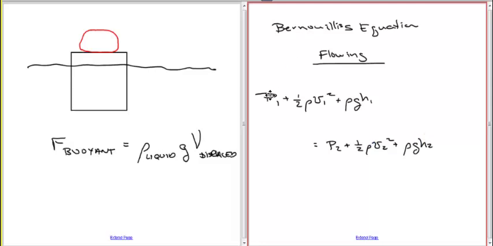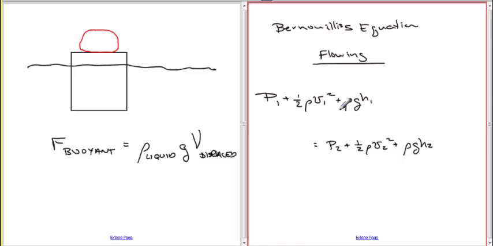Remember, pressure in pascals, density in kilograms per meter cubed, velocity in meters per second, g in meters per second squared, 9.8, and height in meters. Okay, so those are the units for all those parts.